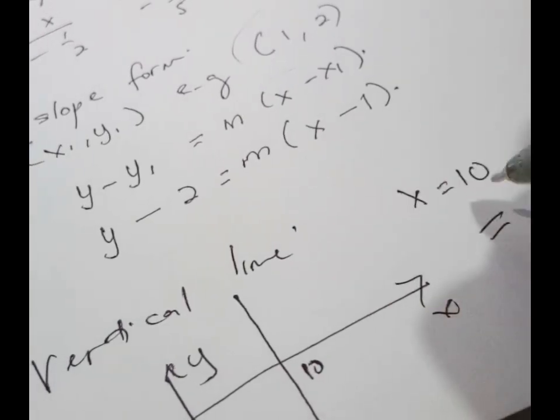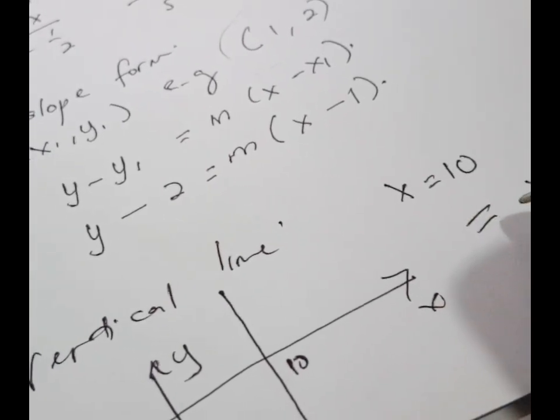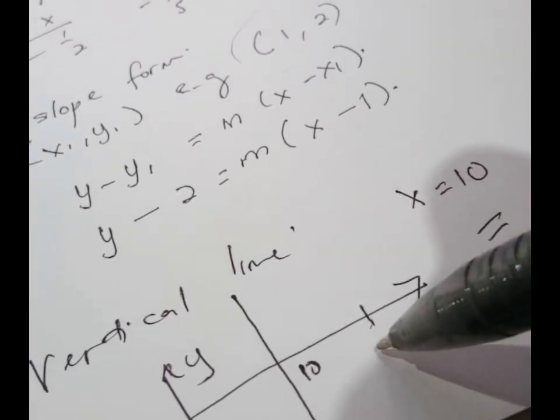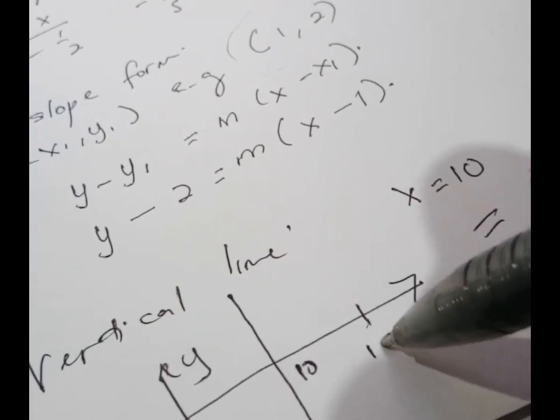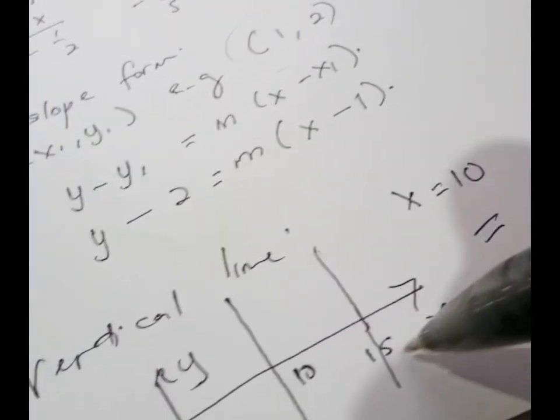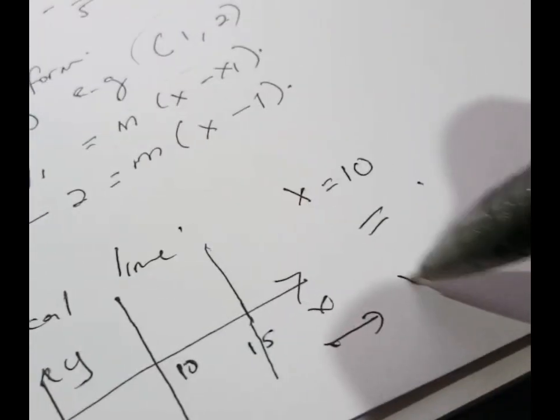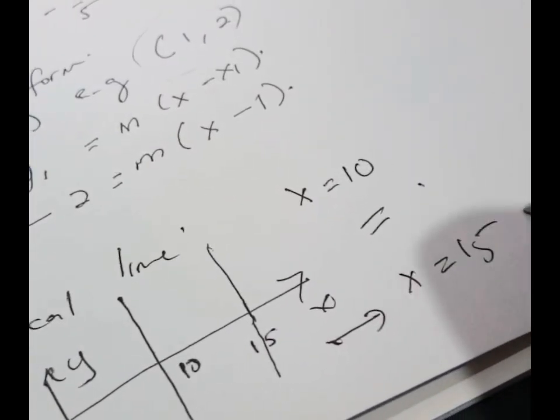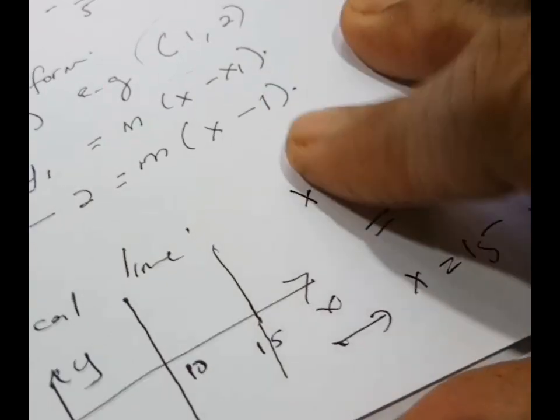So this is the vertical line of a linear function. If we have a vertical line given at 15, the equation is x equal 15. That's it.